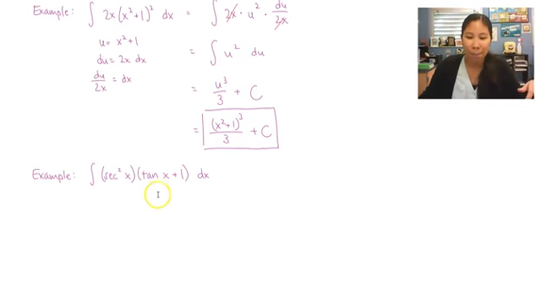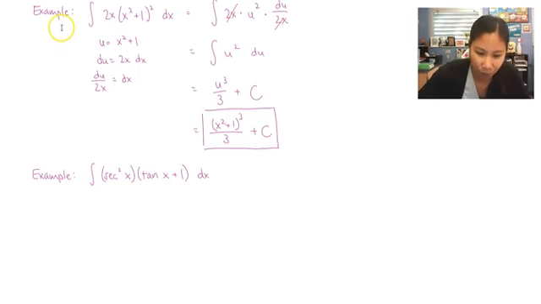If you remember your derivative rules, for tan x plus 1, the derivative of tan x is secant squared, and plus 1 is just a constant, so its derivative is 0. So if the derivative of tan x is secant squared, this makes more sense to use as u, because when I find the derivative it should cancel out with the secant squared that's out there.